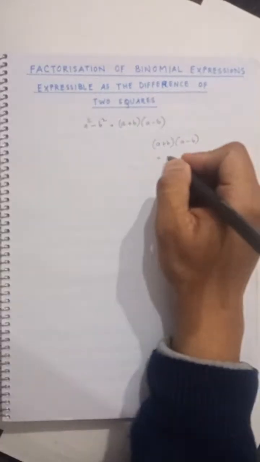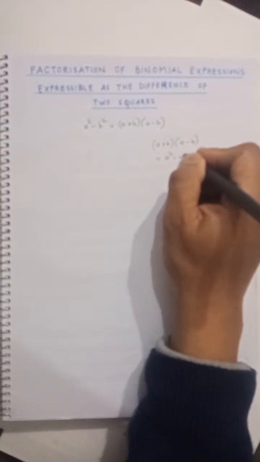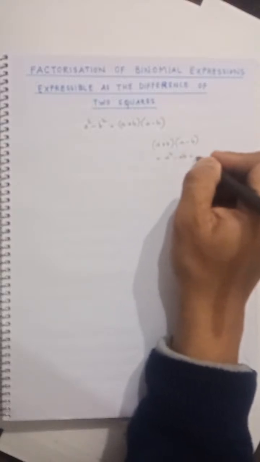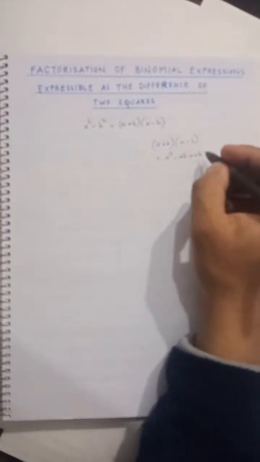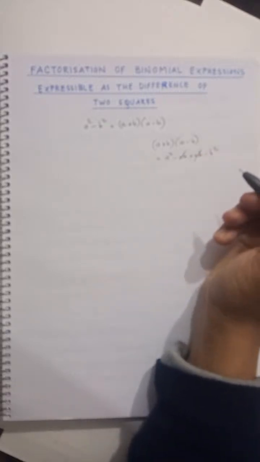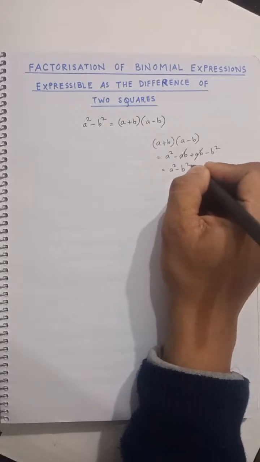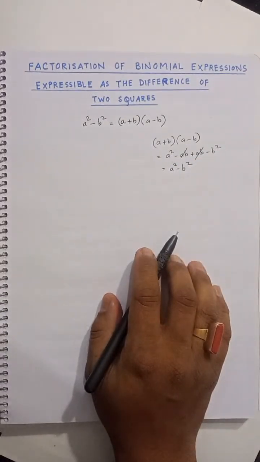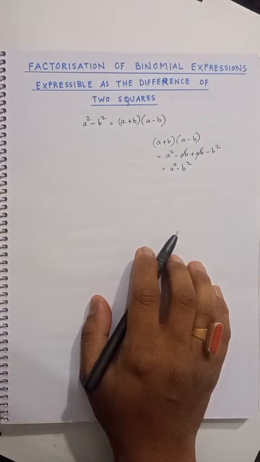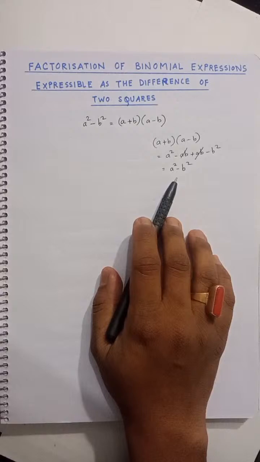A into a is a square, a into minus b is minus ab, b into a is positive ab, and b into minus b is minus b square. So positive ab and negative ab get cancelled, and we are left with a square minus b square. As far as possible, try to memorize the identities. If not, you can practice in this way, and eventually the identities will get memorized.